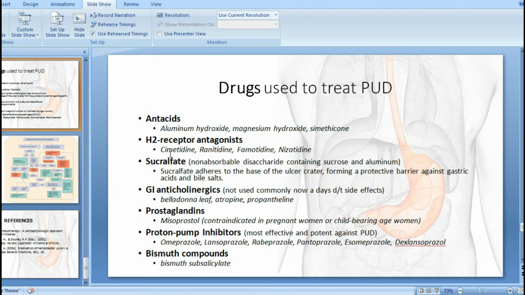Number 1 is cimetidine, number 2 is ranitidine, number 3 is famotidine, and number 4 is nizatidine. Number 3 main drug is sucralfate, and then GI anticholinergics, prostaglandins, proton pump inhibitors such as omeprazole, etc., and bismuth compounds such as bismuth subsalicylate.